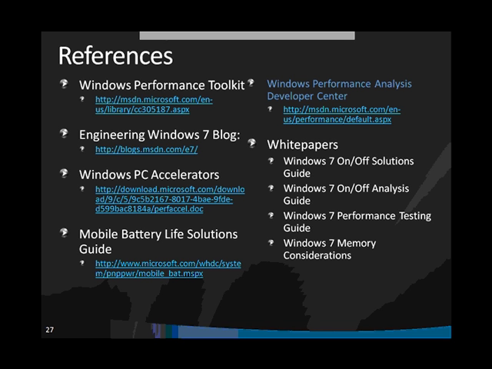We also have a number of white papers available on Windows 7 performance, covering performance values like on-off solutions, performance testing, memory considerations, how mobile battery life has been improved, the mobile broadband technology we use with Windows 7, and how wireless effectiveness has been improved. So these are all the inputs that you can get from these links.